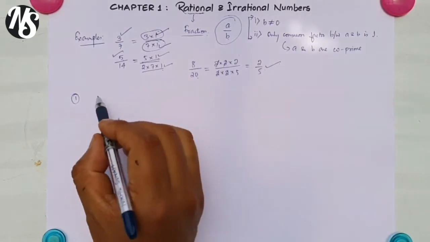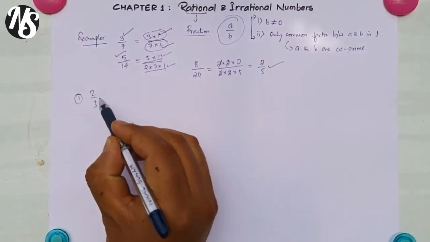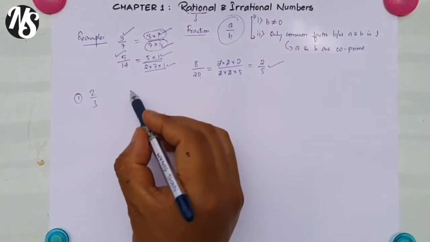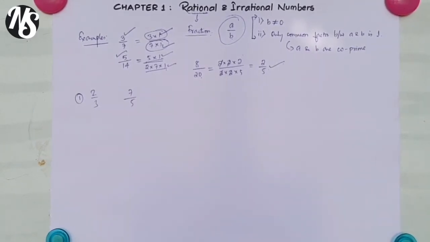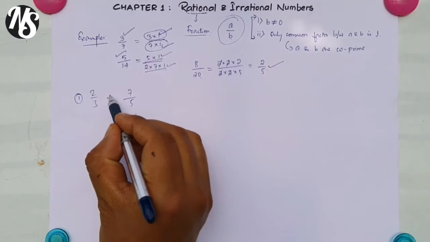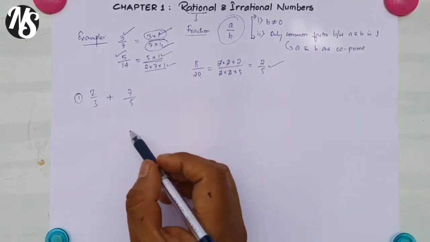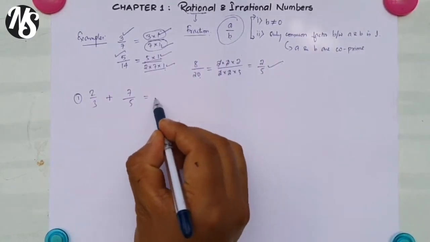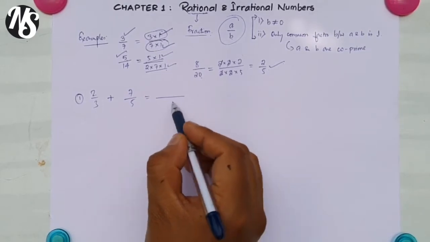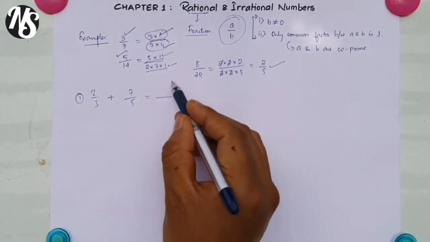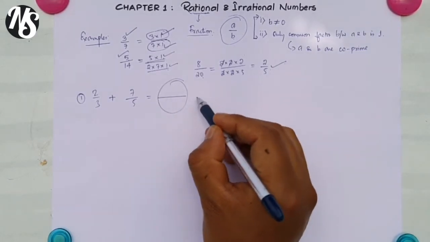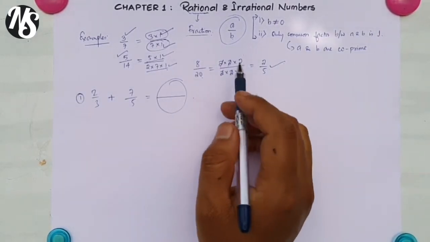Suppose you have one rational number, for example 2 by 3, and let's take one more rational number, let's say 7 by 5. If I ask you what the sum of these two will be, you have to find the LCM and do some calculation. After calculation, whatever number you get will also be a rational number.